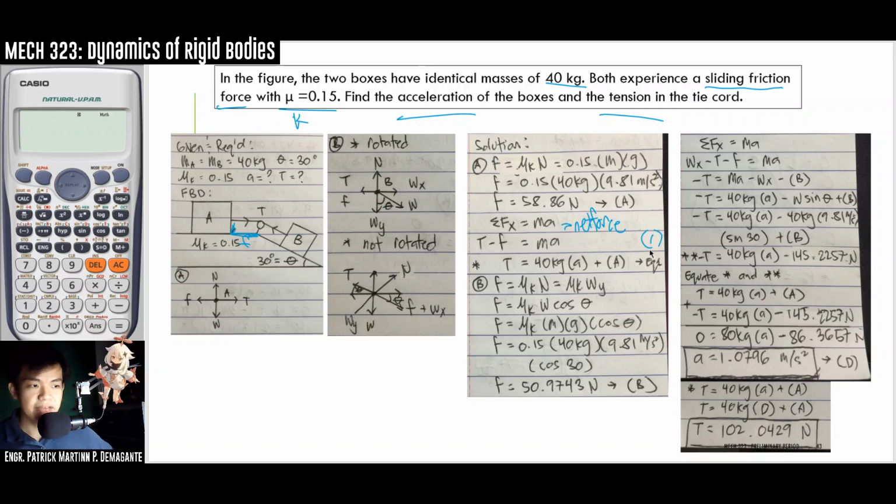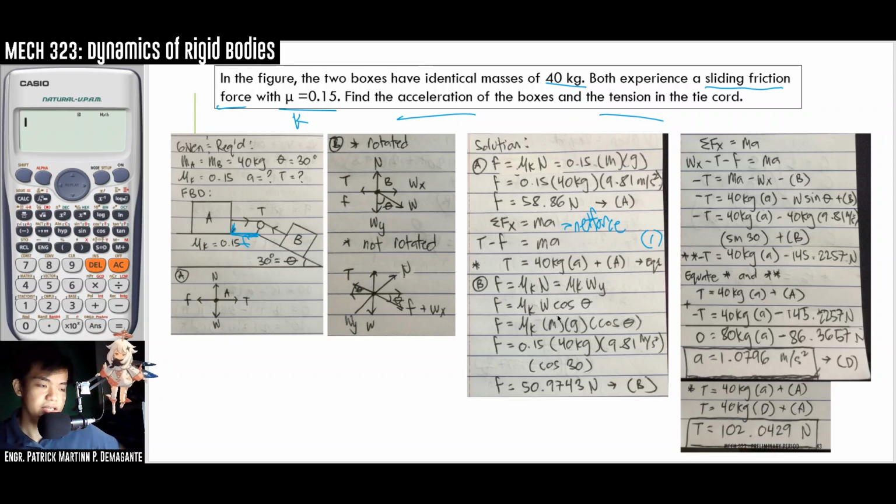Then, set naman tayo for B. Kunin ulit natin si friction. Pero dito, hindi na siya makukuha agad kasi naka-rotate or naka-incline ang ating system, yung ating block B. So, dahil meron tayong FBD, dito tayo magbe-base ng summation forces along the, sabihin nating x-axis.